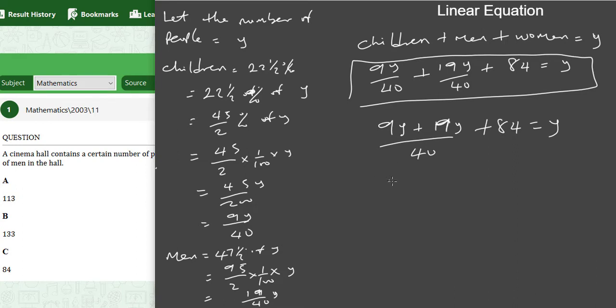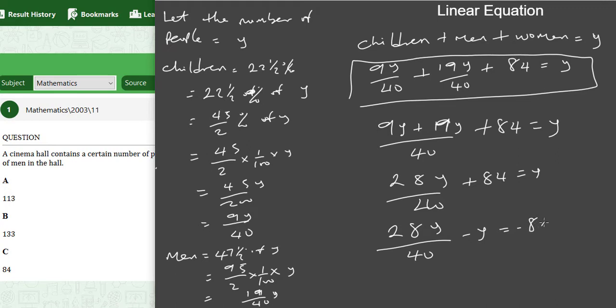Then you add them up, and that will give you 28y over 40 plus 84 equals y. So you take this y to this side, that gives you 28y over 40 minus y equals minus 84.